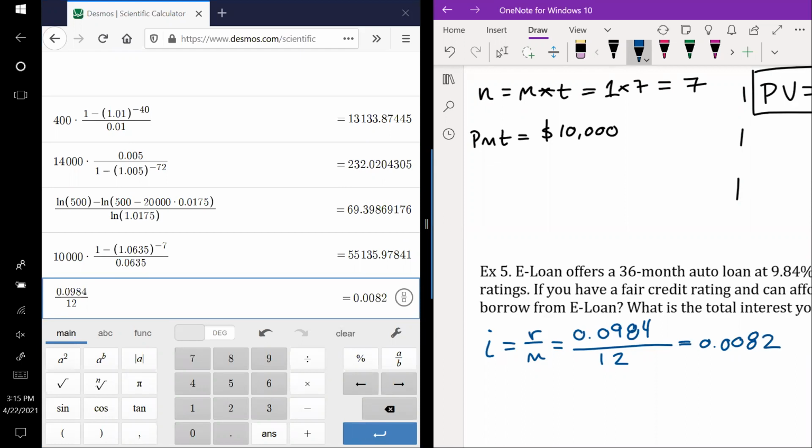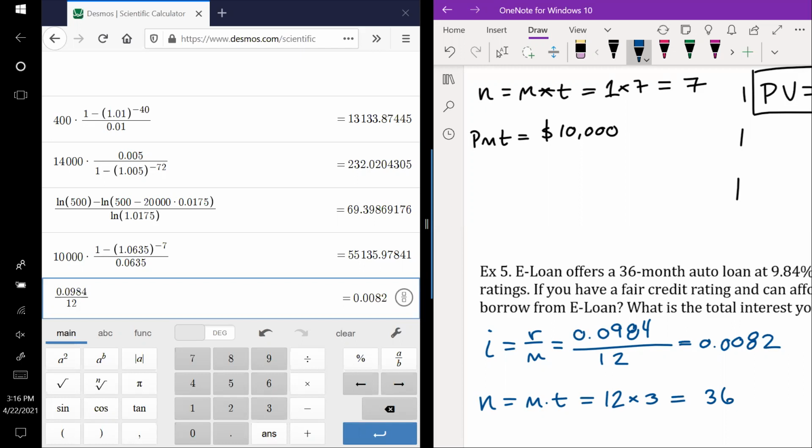0.0082. Okay, and then N is compoundings times time, and we are compounding monthly, so 12, and then we're getting a loan for 36 months. So actually, this gave us N already, because time must be in years. So we know that 36 months is 3 years, and we get 12 times 3, which is 36.